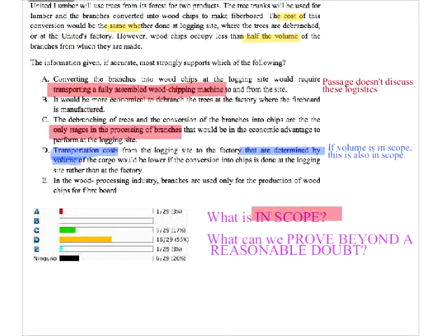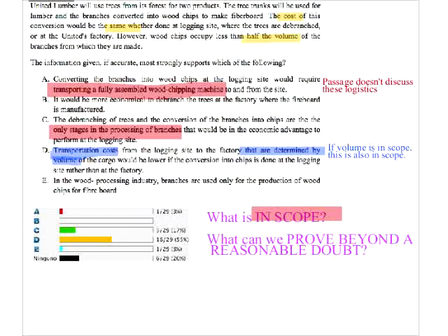The transportation cost is trying to throw you off, but it says determined by volume. So volume is in the scope of the argument. So if anything is solely a function of volume, then that's in scope too. So watch it there.